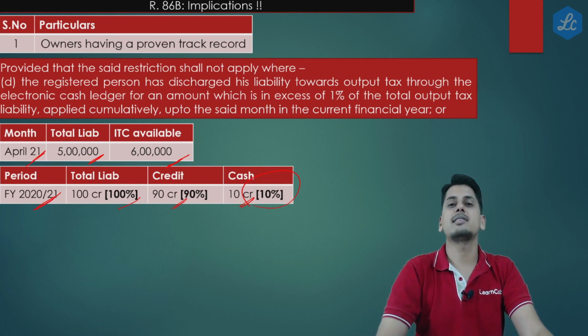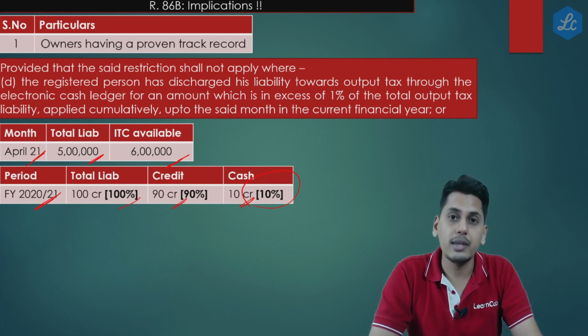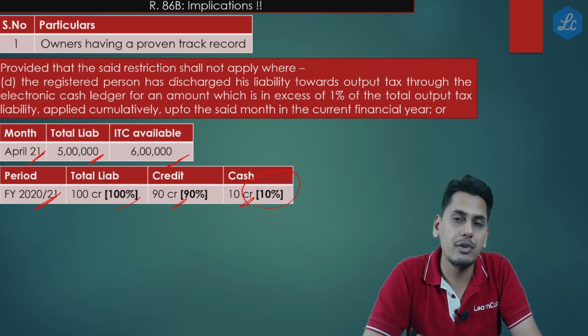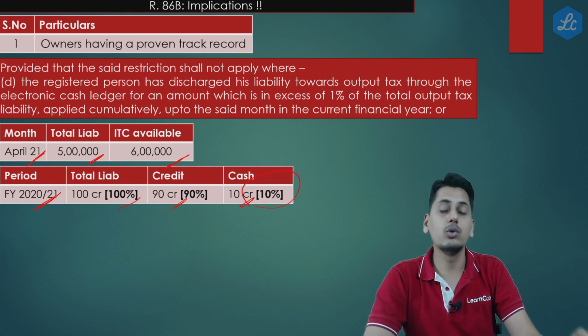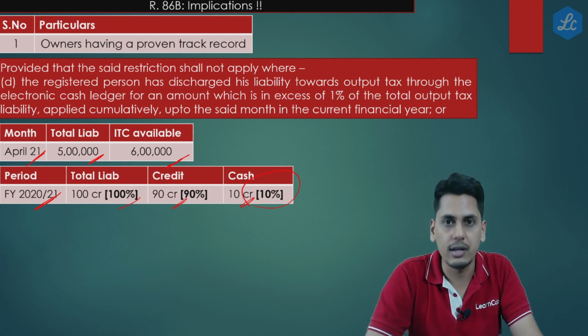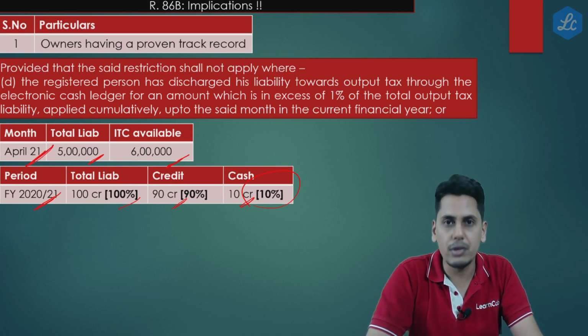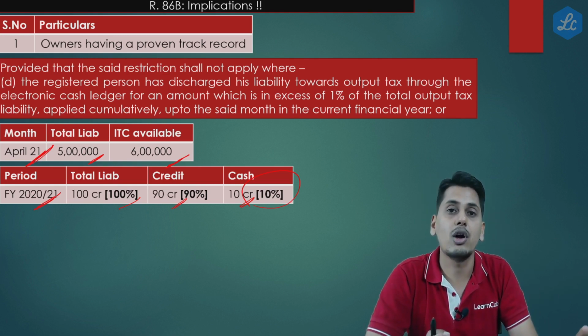Friends, please understand, this particular cumulative provision is applicable, as we discussed, for a financial year. Which means the cumulative calculations you are going to do, you have to check on a financial year wise basis. Now friends, this having been the first month of the financial year, April 21, whatever you have done last year will not matter.